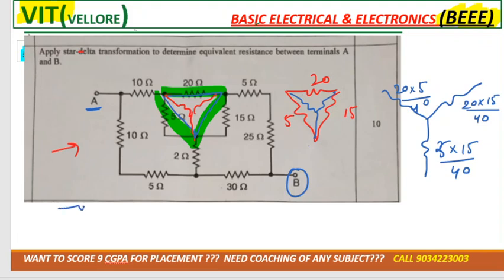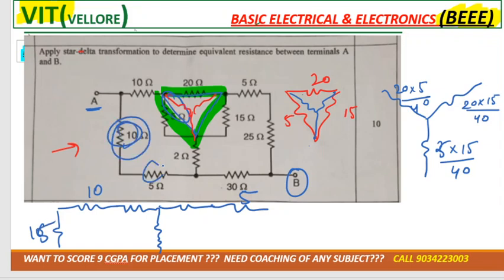Now I'll redraw the diagram. 10 ohm as it is. This one will become this one and like this. 5 ohm as it is, right? This 10 and 5 will become 15 because they both are in series. Similarly, this 25 and 5, they are in series.